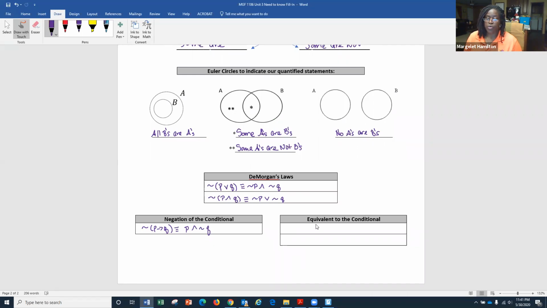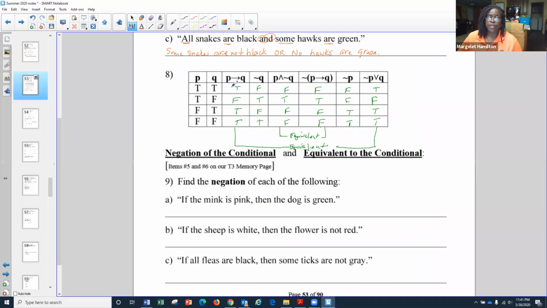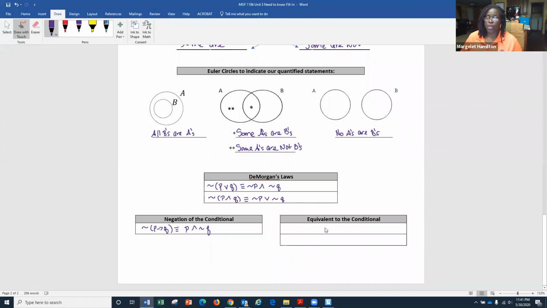Now, what's also equivalent to the conditional? Look at what we found. Here's our just plain conditional statement. We found that it was equivalent to negation P or Q. So negation P or Q. What else is the conditional statement equivalent to?